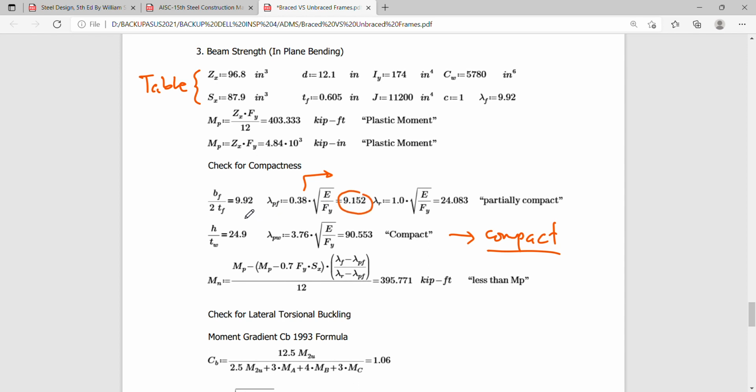Take a look that there's a slight difference between the value of your actual width to thickness ratio, and this is actually a partially compact case for your flange. So this is your flange requirement.